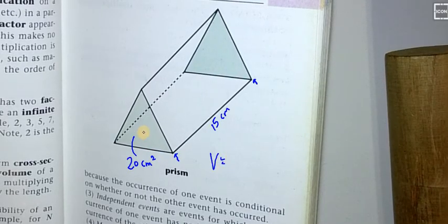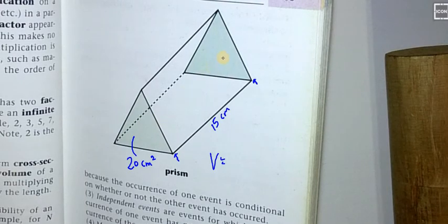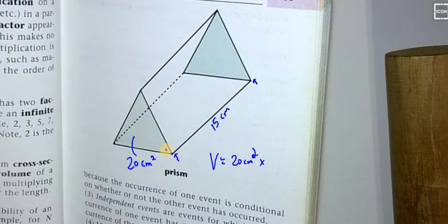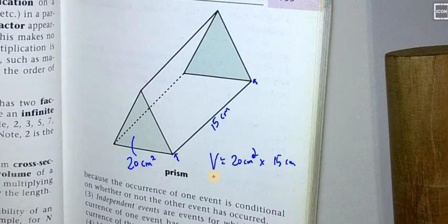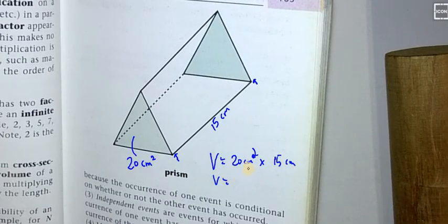So if you want to find the volume, you'll multiply what? The area of the cross-section, that is uniform all the way through, which is going to be this side here, the area of the triangle, which is 20 centimeters squared. And then we do what with it? We'll multiply by the distance between both uniform cross-sections. That's 15 centimeters.